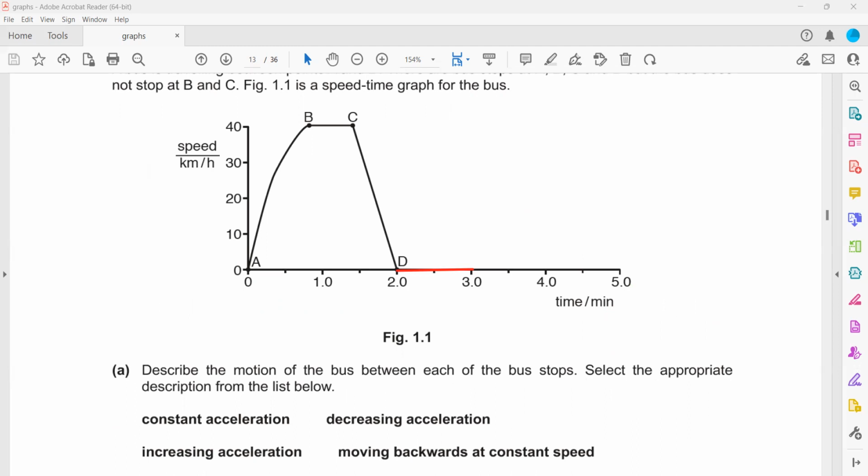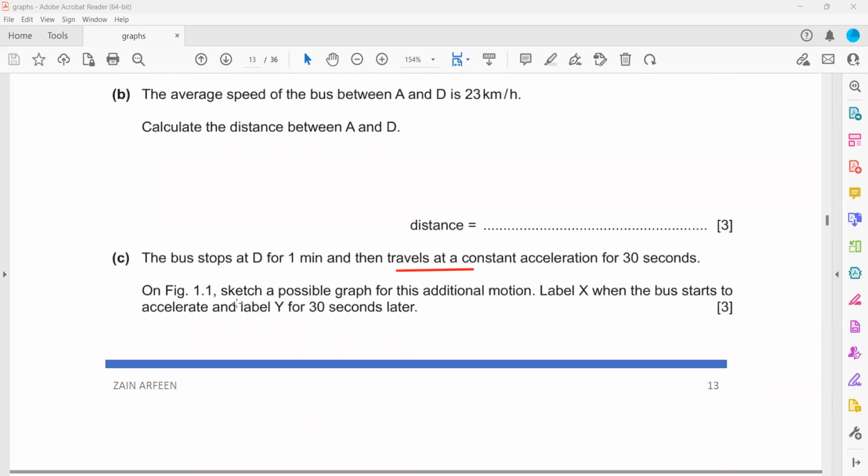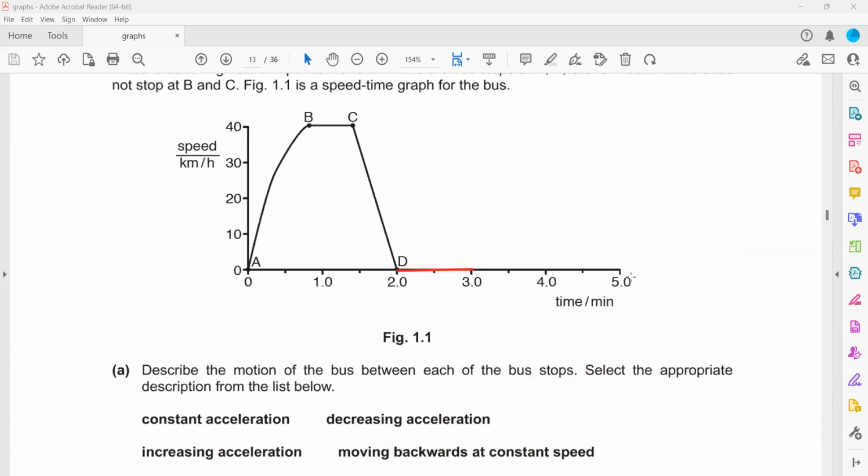Then, after being at rest for 1 minute, the bus travels at a constant acceleration for 30 seconds. So we have to show that it was accelerating for 30 seconds, which is half a minute. So 2.5 minutes it was accelerating. But they did not mention what speed it reached, so we can draw any line.